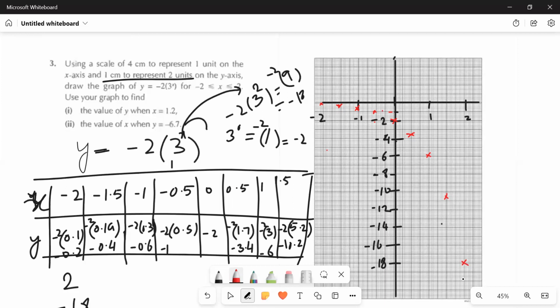So our graph is, if we are matching the graph, this is our graph. Okay, now we have to find the values according to the question. X = 1.5.